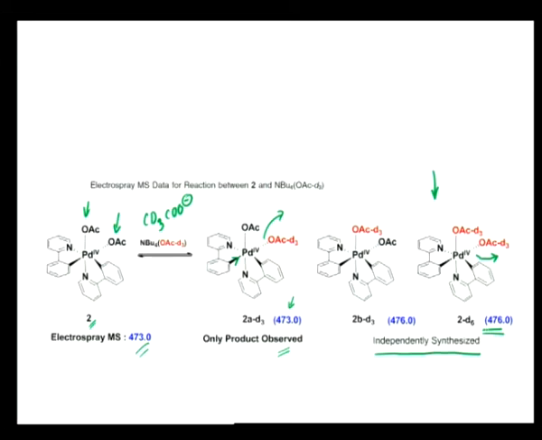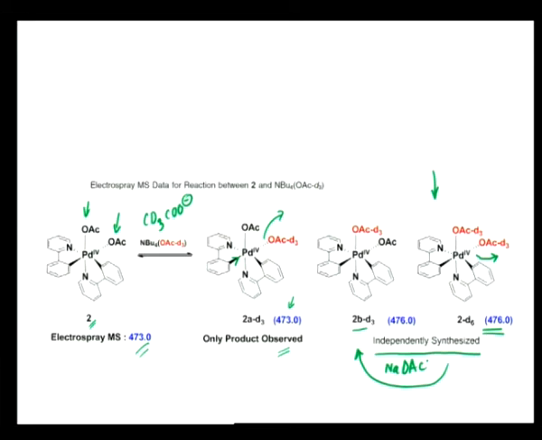Even if you take a palladium 4 diacetate molecule, 2BD3, which can be generated by taking 2D6 and treating it with NaOAc in excess, if you treat it with sodium acetate in excess which is unlabeled, you would generate 2BD3.